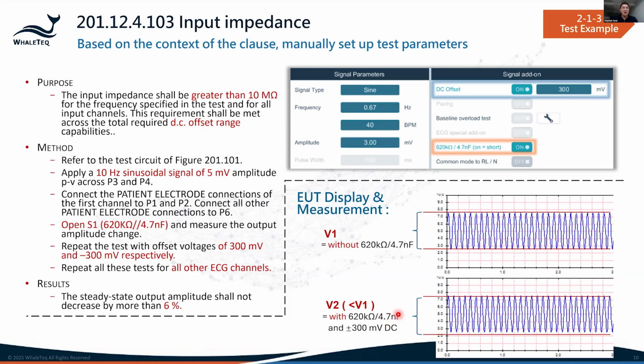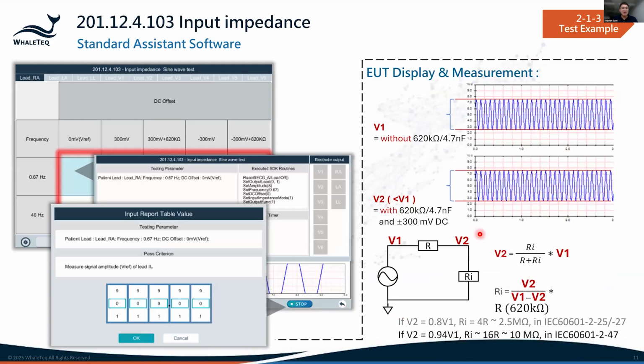And you can calculate it using an easy voltage divider calculation, and then reverse it to find out your actual input impedance.